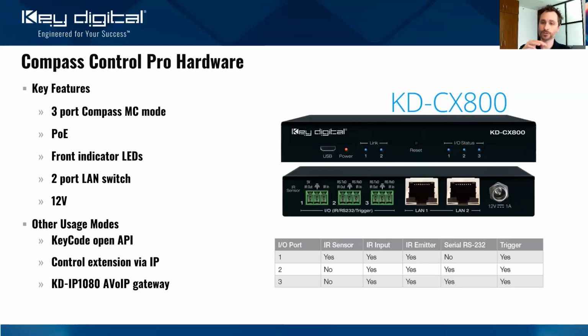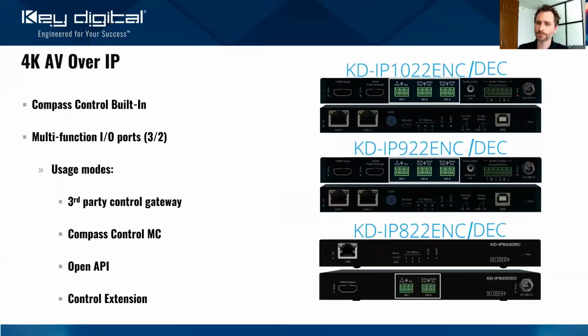So your third-party control system could speak to this device, and then it will send commands to the respective encoders, decoders, transmitters, receivers to adjust the video routing. But that's not of importance here in the Compass Control discussion.